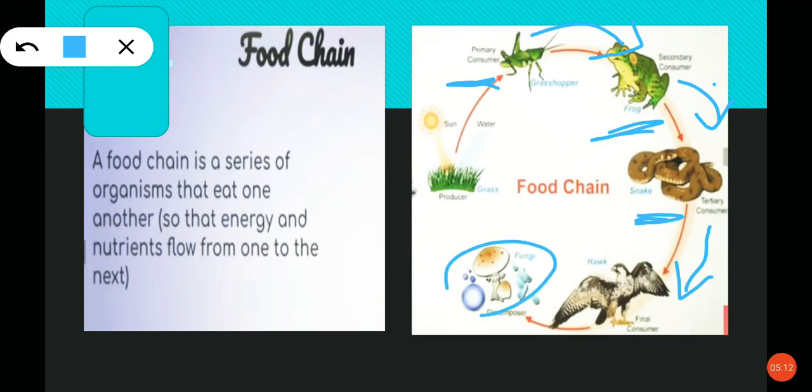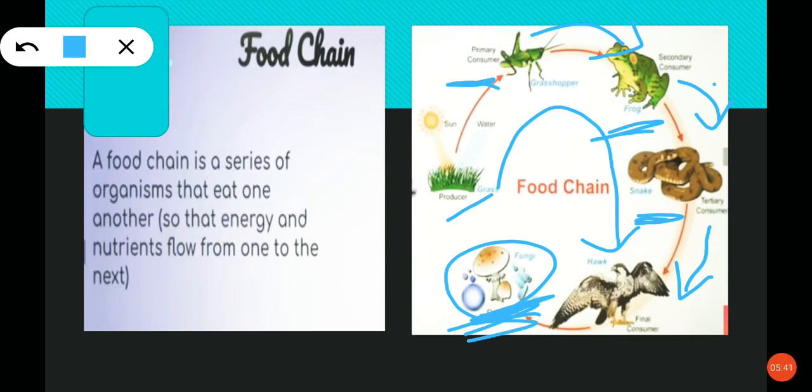And these are all what? These are all decomposers. From the producer to the final consumer, after a while they will be dead and decaying matter. These decomposers will take in food from such dead and decaying matter, so they are called decomposers.